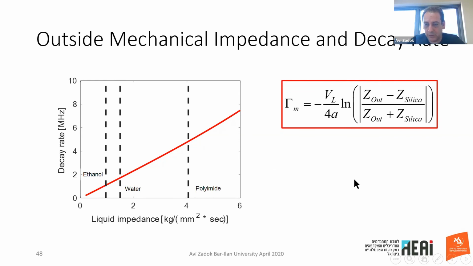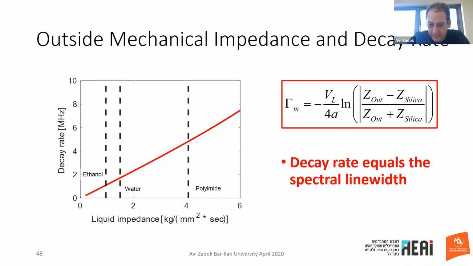And those of you who are familiar with optical cavities will recognize that the exact same relations hold with optical cavities, with optical transmission and reflection. It's the exact same principle, only these are not electromagnetic impedances, these are elastic impedances, but everything else that we know and love is completely relevant.